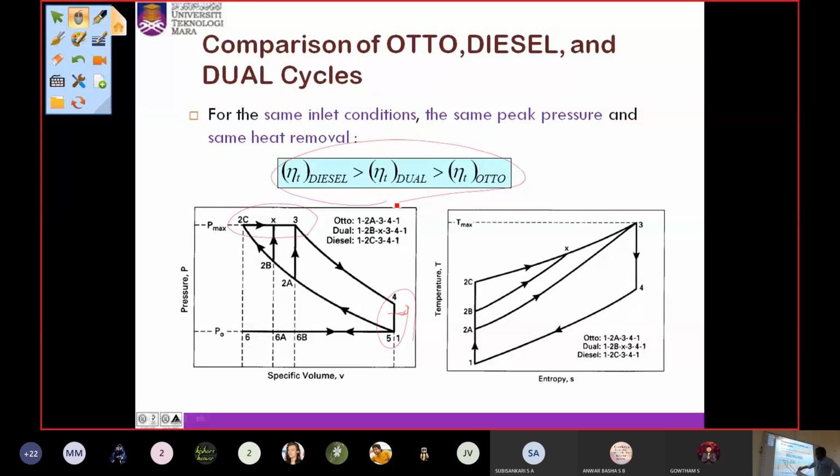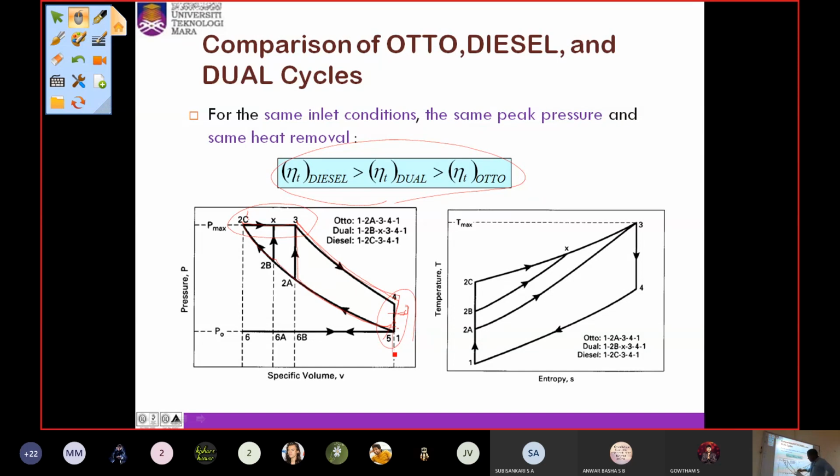Right. So move on to this process. This process is the constant volume auto cycle, then isentropic, constant pressure, then isentropic, then constant volume is the diesel cycle.